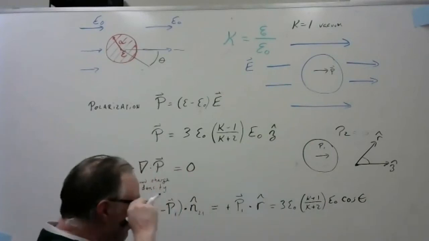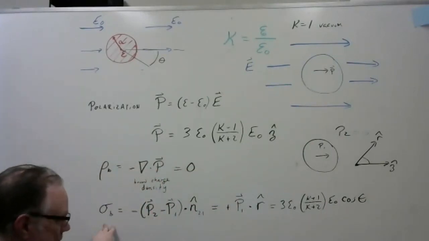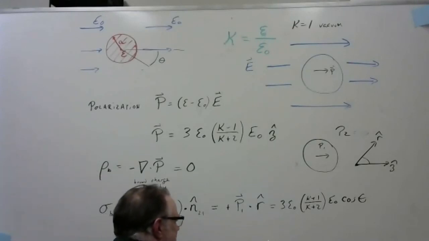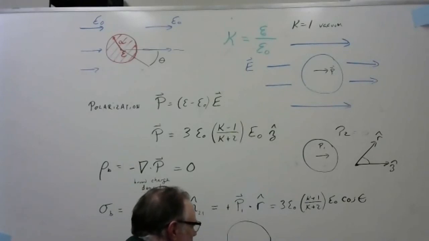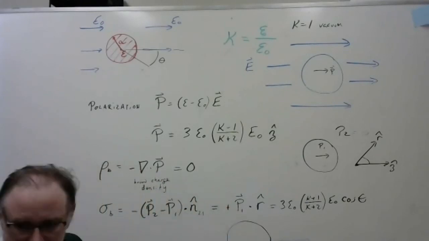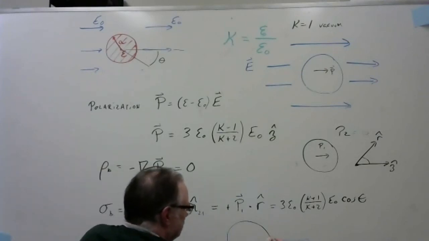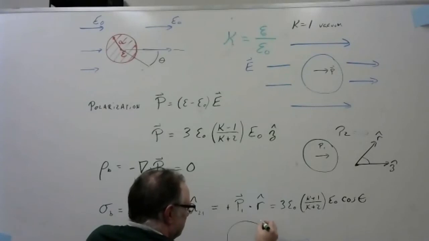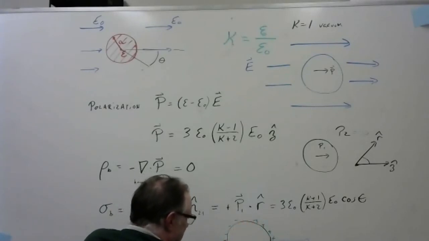So if we look at what the charges are doing inside, this bound charge is positive where the theta is. In other words, this is our positive z-axis going up here. We get positive charges built up here, and then no charges here, and then negatives on the other side.